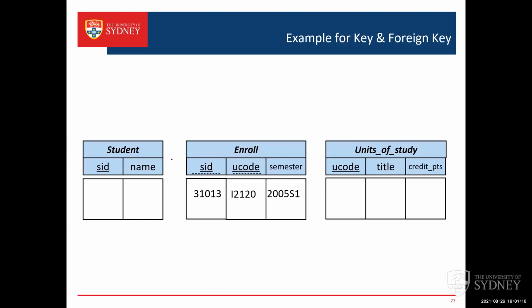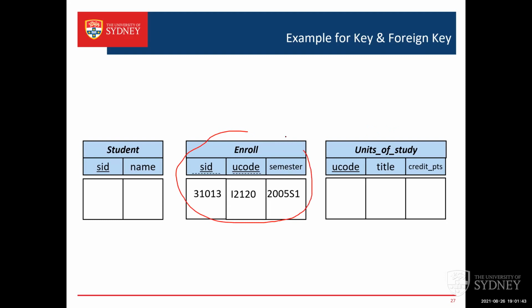Can anyone identify any foreign key in these 3 tables that we have? In which table do we have a foreign key, first of all? In these 3 tables, student, enroll, and unit of study, in which table do we have a foreign key? Okay, yes, you got it right.